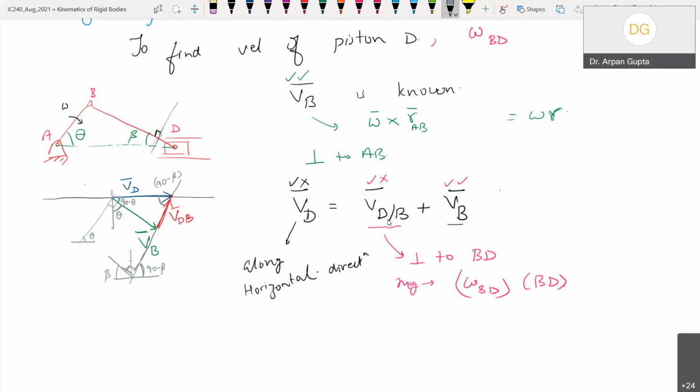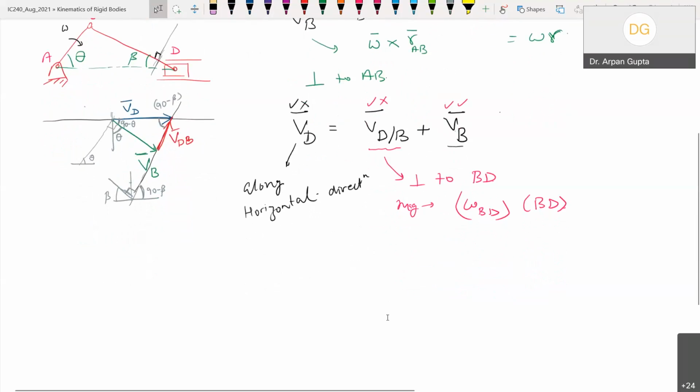So this completes the triangle, and now even analytically we can write the equation. The only important thing was to draw this triangle and get these angles. Once this angle is known, we can write the sine law.